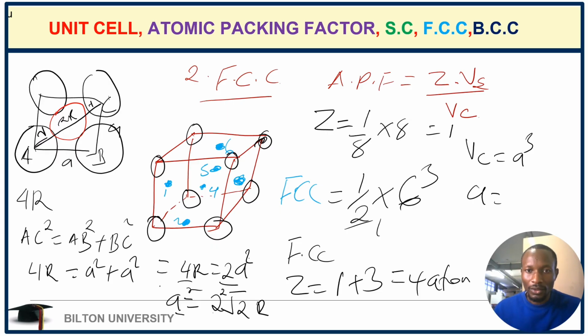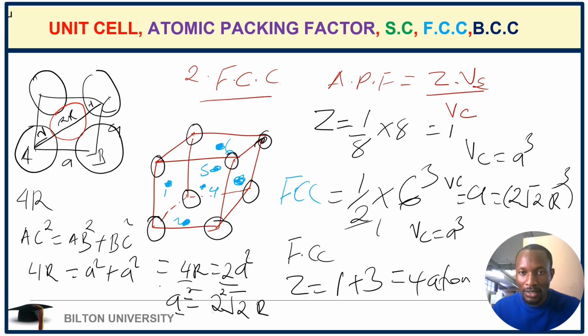So now we can say that our edge length here is 2 root 2 R, and what is VC? VC is equal to a cube, and we can cube this, so we have 2 root 2 R cubed, and this gives us 16 root 2 R cubed.